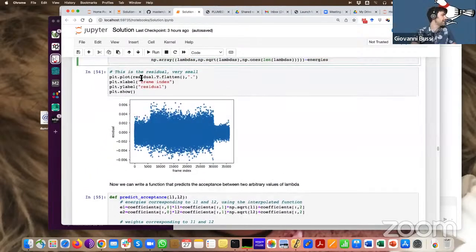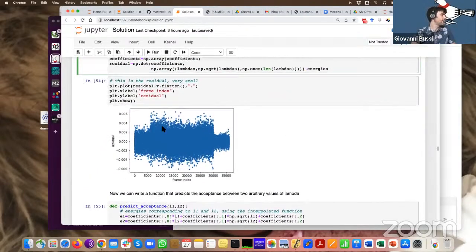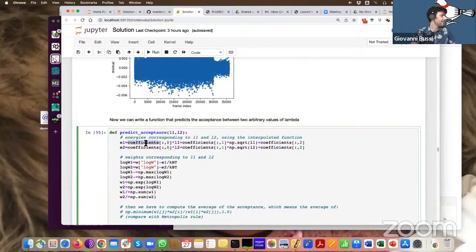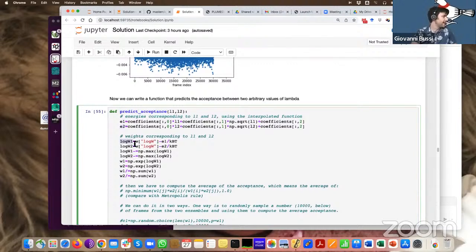I have my coefficients that allow me to predict the energy given any choice of lambda. So I have 2 values of lambda, lambda 1 and lambda 2. I compute the energy in the topology with lambda 1, and the energy in the topology with lambda 2. I take my reference log weights and subtract energy 1 or energy 2 divided by KBT.